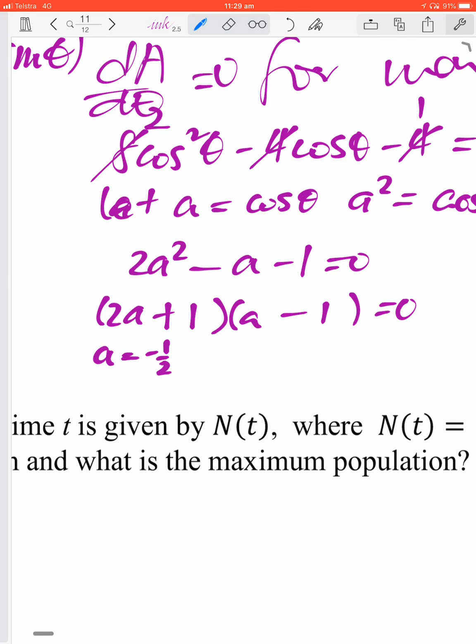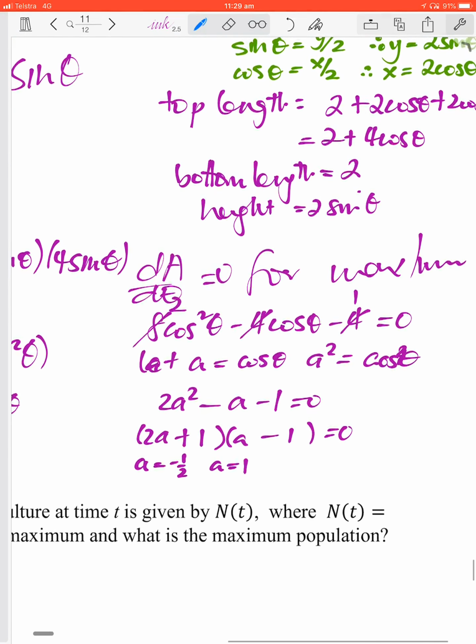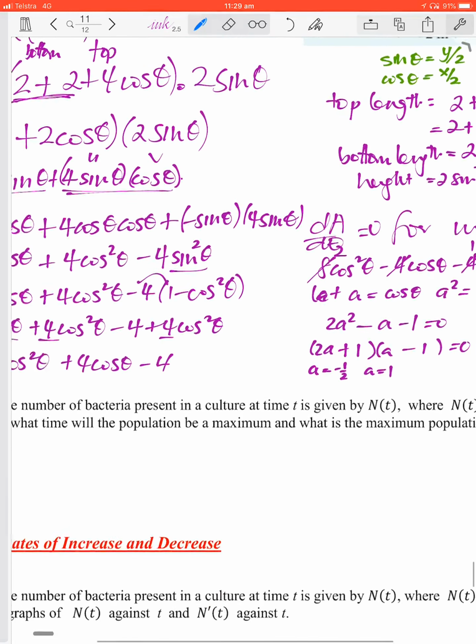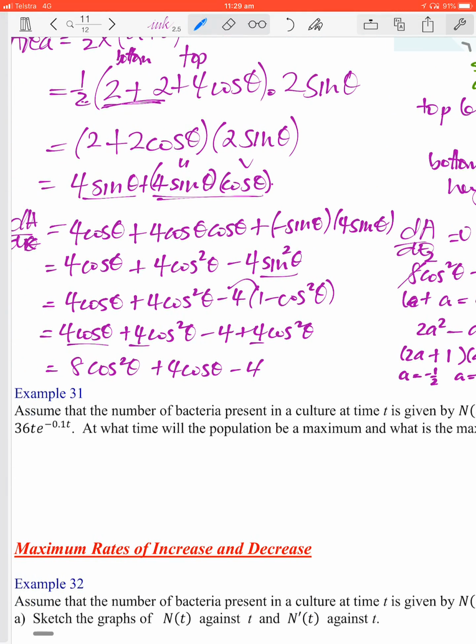or I must have messed something up. A equals 1. Something is wrong somewhere, because I can't have it being negative a half. Okay, so that's right, there, minus 4. When I derive cos, I get negative sine, and I times that by 4 sin θ.